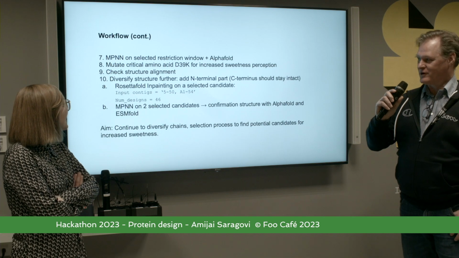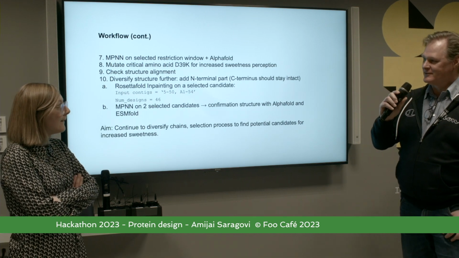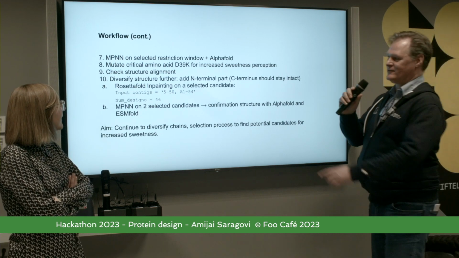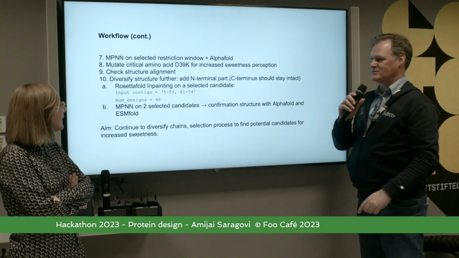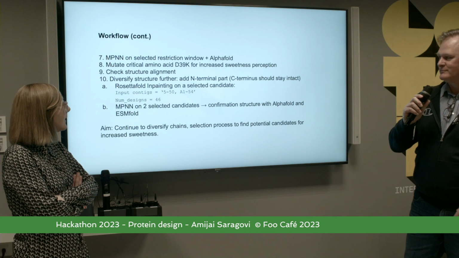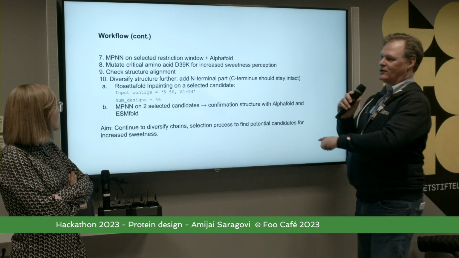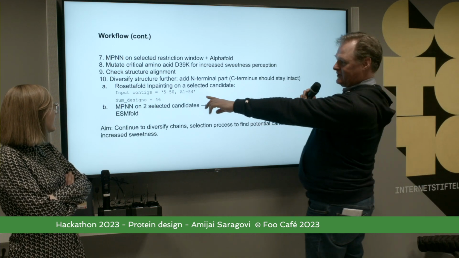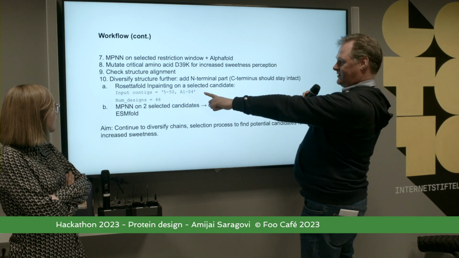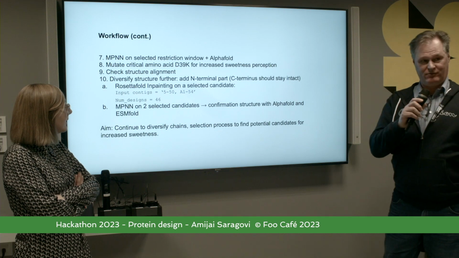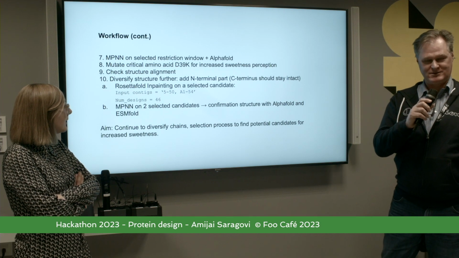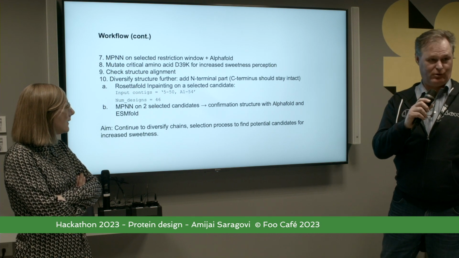Yeah, so the steps further then is to elaborate that these locked ones, we also have a sort of a doubling of the amount, since we could change the amino acid 39. We could then go through, check the alignment here, but then we decided we need to keep this N-terminus stable, because we knew that if that is modified, it will reduce the sweetness.